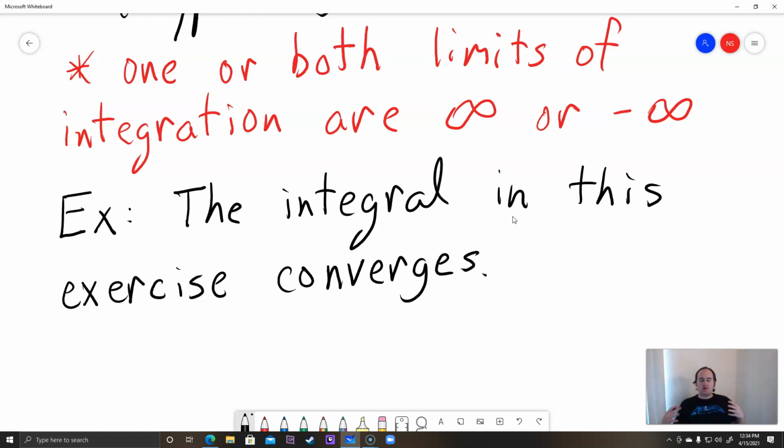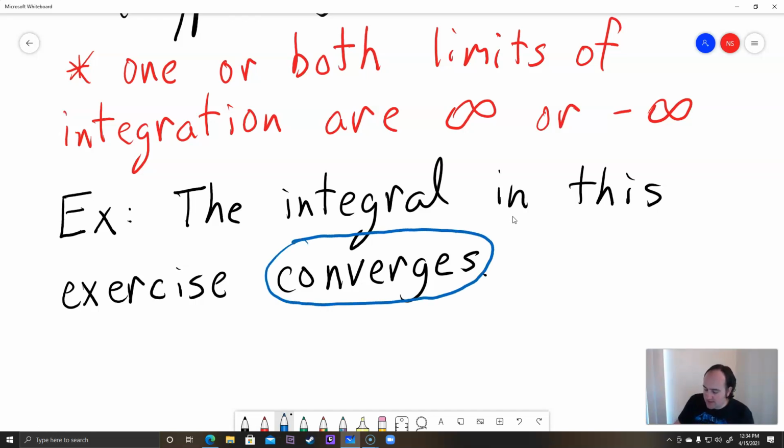Now we haven't talked about convergence or divergence a whole lot yet. You might remember that from one of your other math courses though. When they say that the integral converges, basically that means that after you calculate it, it's going to be a real number, because we're doing a definite integral.